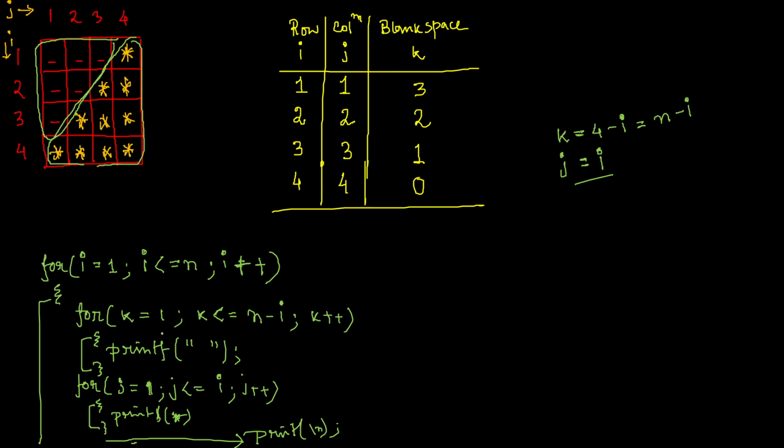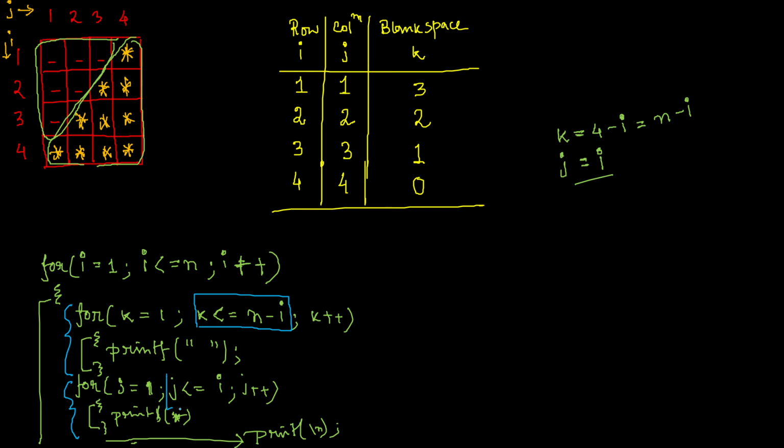So what will happen over here, you see, I have kept these two conditions individually in two different loops. One is this loop for blank space and another loop for the stars, and they are placed one by one, under the loop of i.